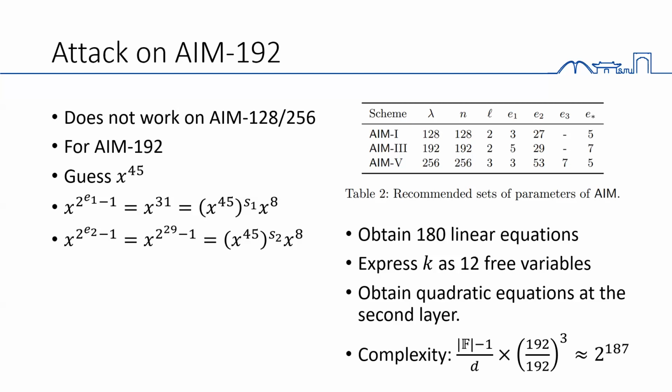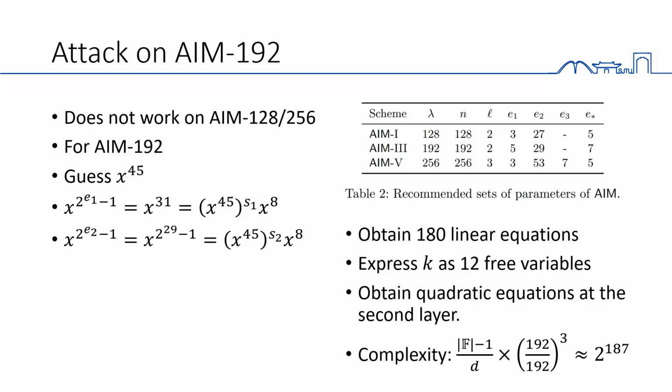So sometimes we can find a proper divisor for one, but we cannot find a proper divisor for the others. But for 192, this is not exactly a power of 2. It has some factor like 3, so we can factor. 45 is 9 times 5, which is special. Thank you.